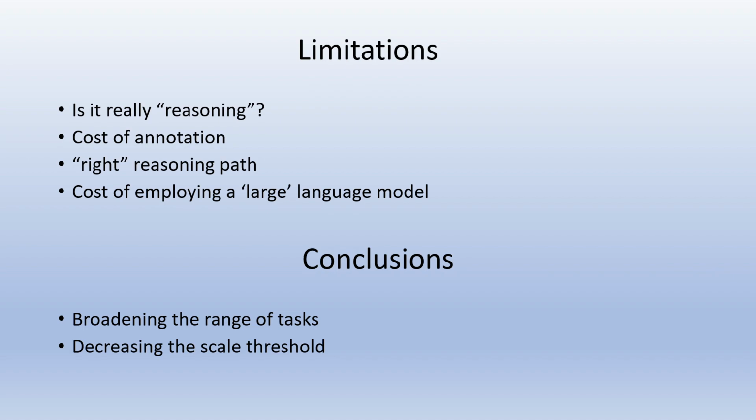And secondly, decreasing the scale threshold at which reasoning is seen in these large language models with chain of thought prompting, because as we know, the cost of these models can be really high when the scale goes up. So can we reduce the scale and see the same better results in smaller scale models?